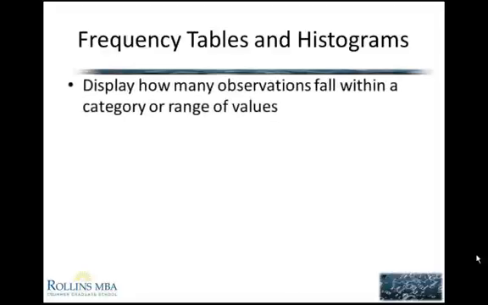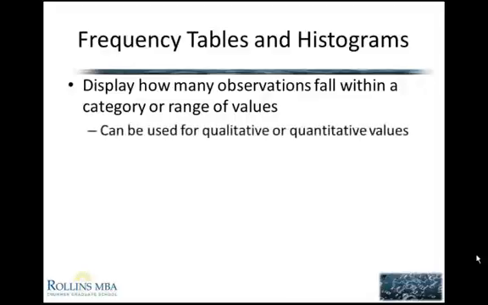The idea here is that we'd like to display how many observations fall within a category or a range of values of our variable. These can be used for both qualitative and quantitative values. For qualitative or categorical variables, typically we call this type of chart a bar chart or column chart.